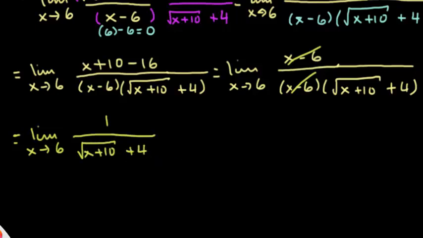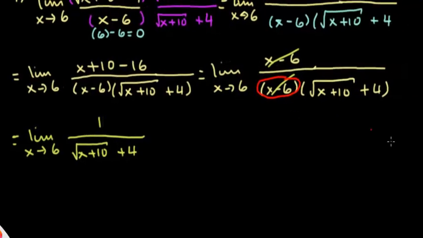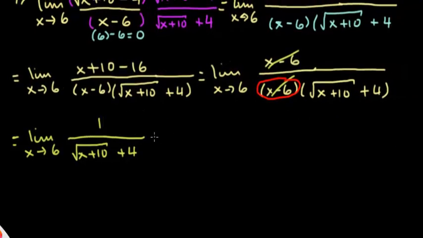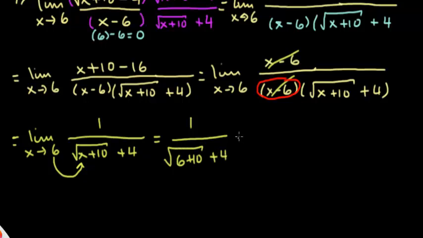Since the guy who caused the problem has been cancelled out, the problem goes back to regular, and you can replace x by 6. Then I have 1 over the square root of 6 plus 10 plus 4, which gives 1 over the square root of 16 plus 4, which gives 1 over 4 plus 4, which is 1/8.